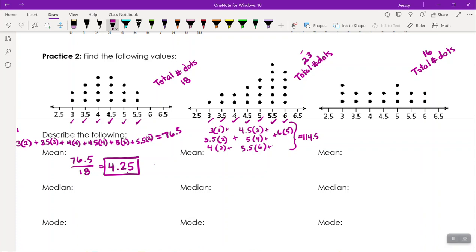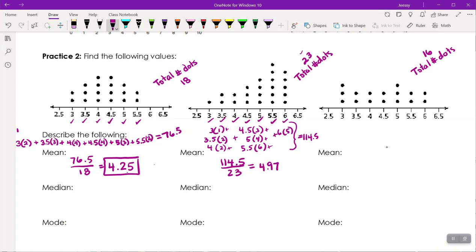Good enough. Here we go. All right, so 114.5 divided by 23. 20, 40, 60, 80, 100. 4 point something, 5 point something, what is it? 4.97? Okay. See, I was close.